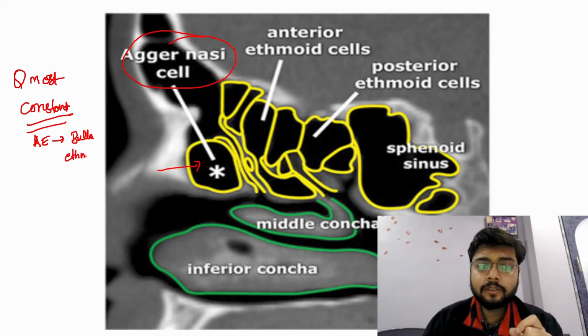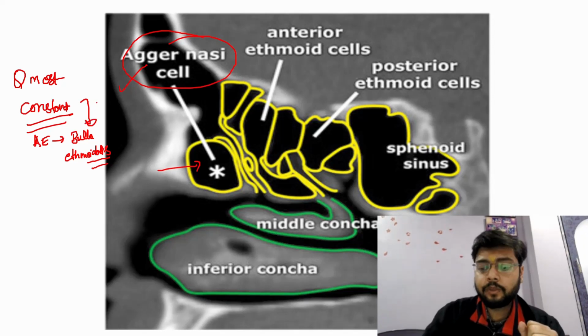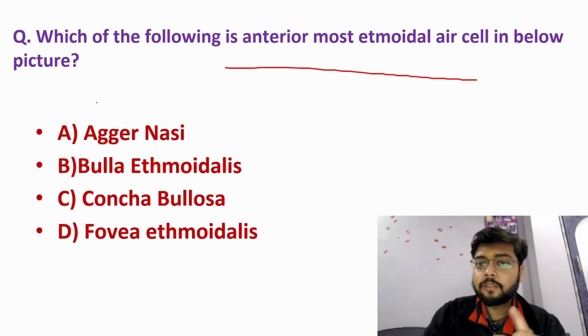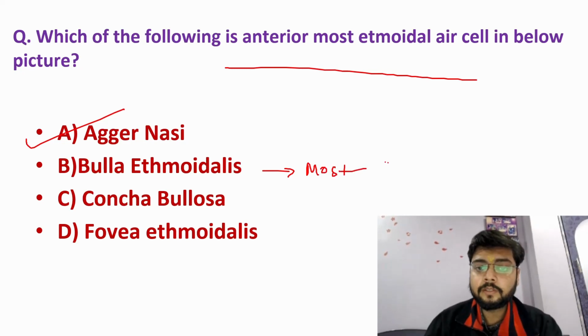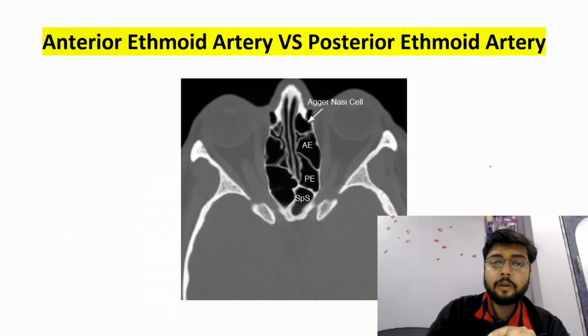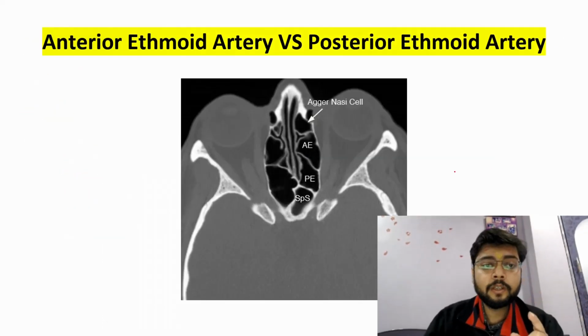This is just to make you revise. So anterior most ethmoidal air cell is agger nasi, and the most constant is bulla ethmoidalis.